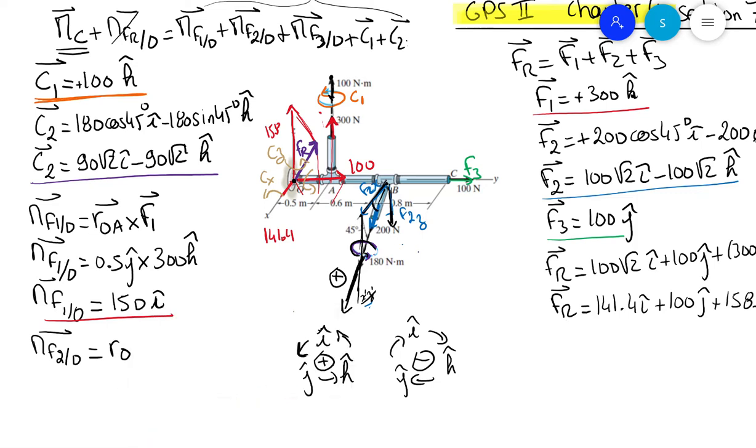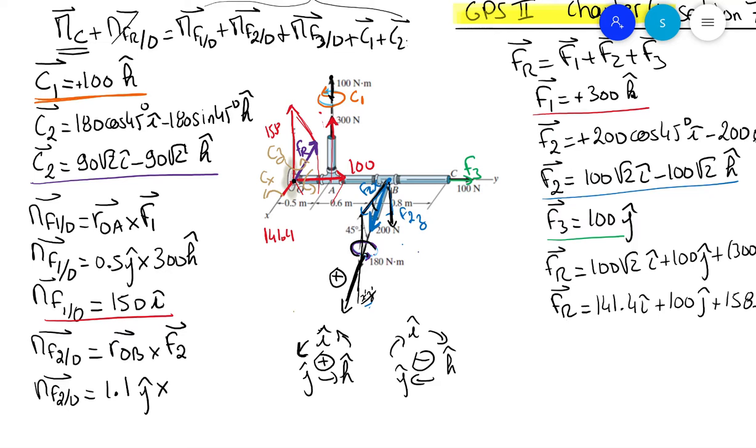We can slide it up to B because we can slide the force along its line of action and it doesn't change anything. So the moment of F2 about O is R_OB, equal to 1.1, the distance from O to B, on J hat cross F2.